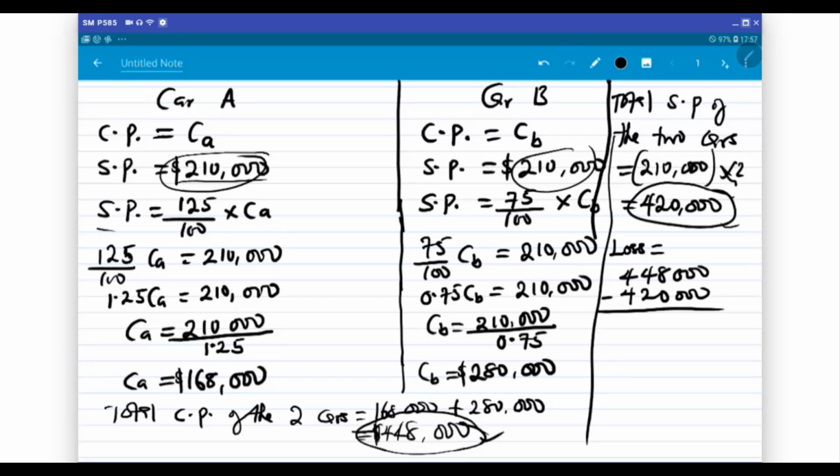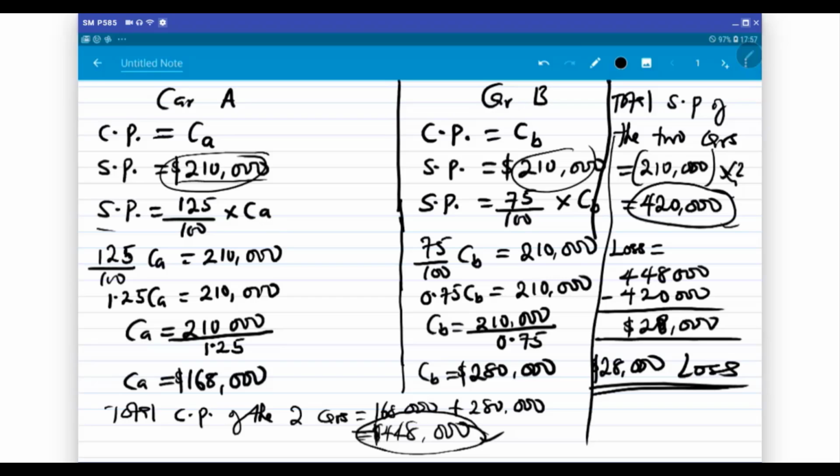And when we subtract that, what do we have? We have $28,000. So that means the man made a $28,000 loss. That's our answer. $28,000 loss. That's the total loss or profit the man made.